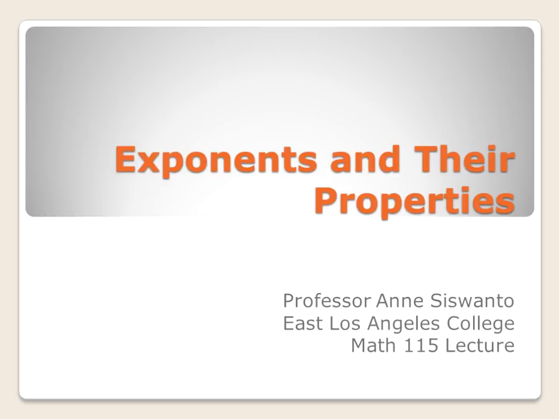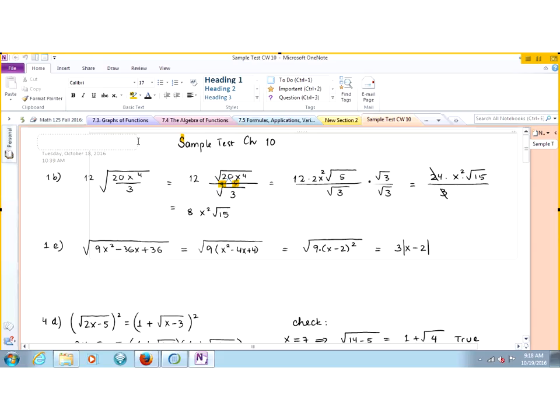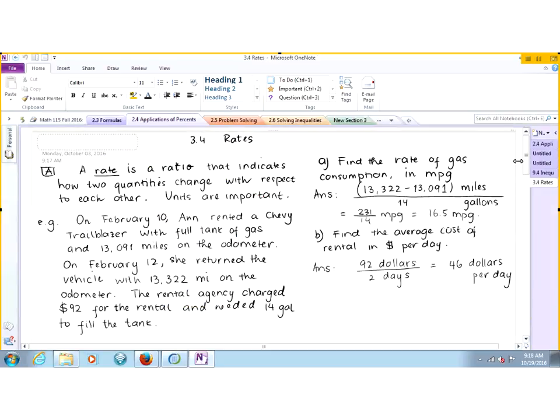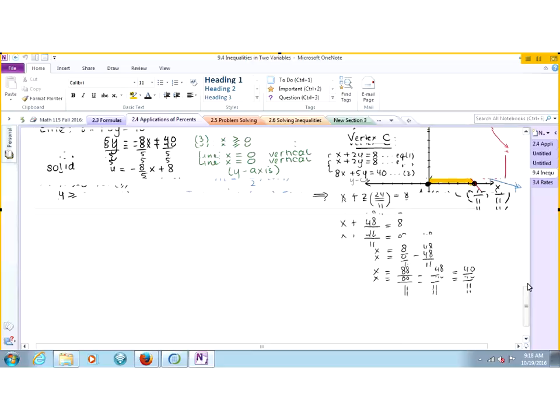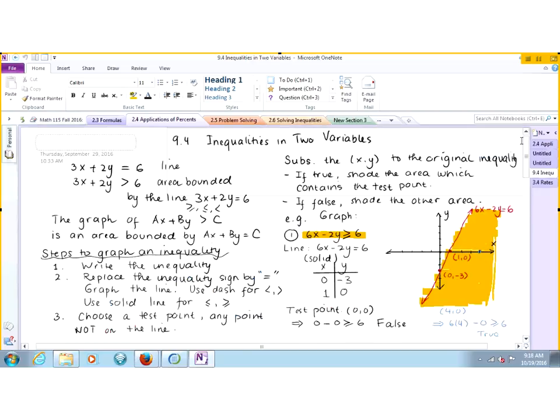All right, so where are my notes from yesterday? Oh, I'm going to share the desktop. Okay, 9.4, right? This one. Oh, no, not this one. This is the math inequalities in two variables.